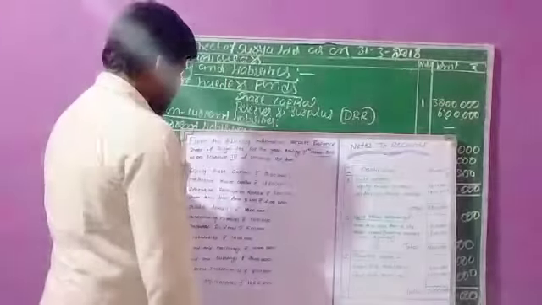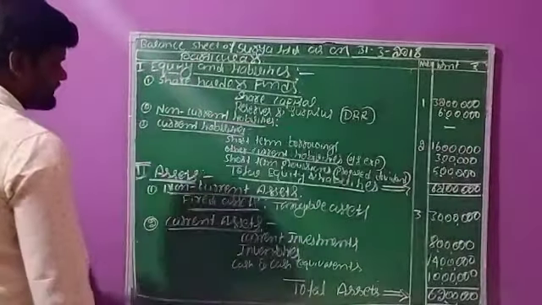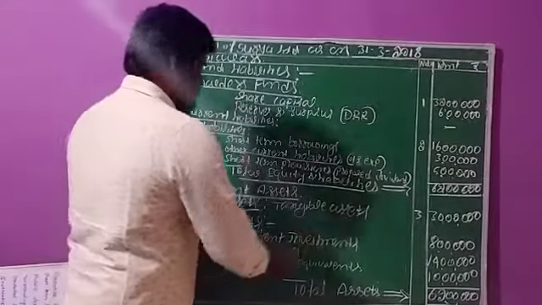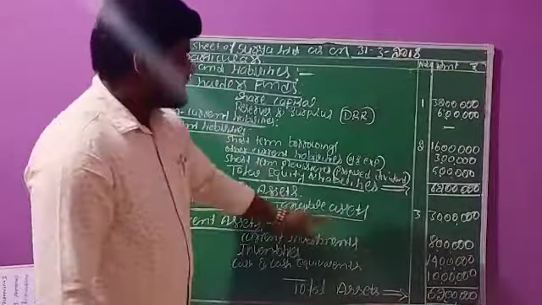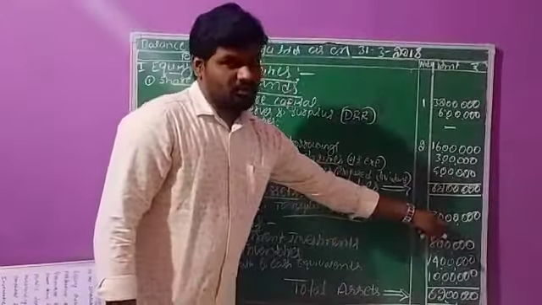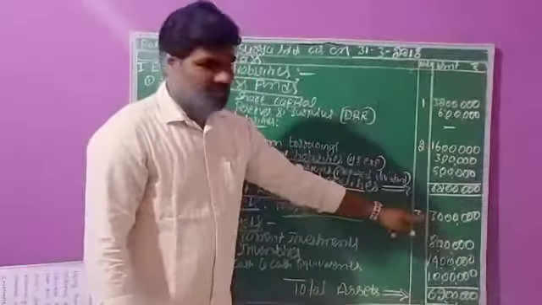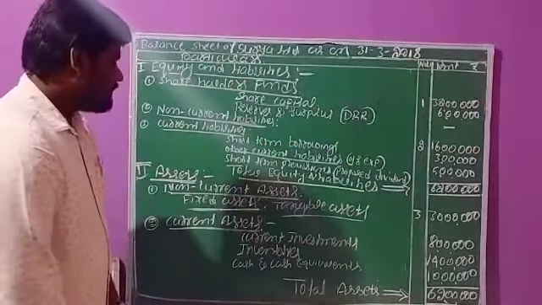Before the current assets, first you have to complete tangible assets. The total value of tangible assets is 30 lakhs rupees. In the note column you have to write working note number 3. So this is the information regarding non-current assets.